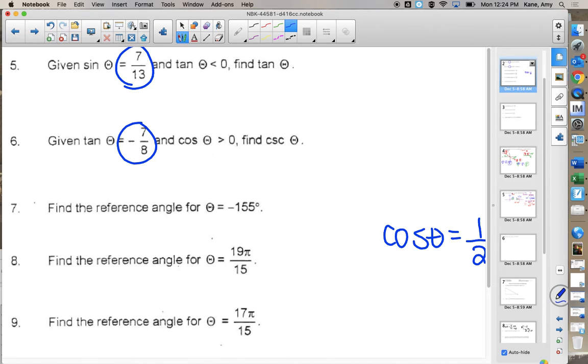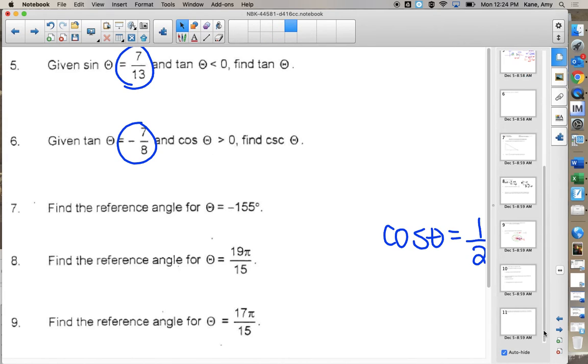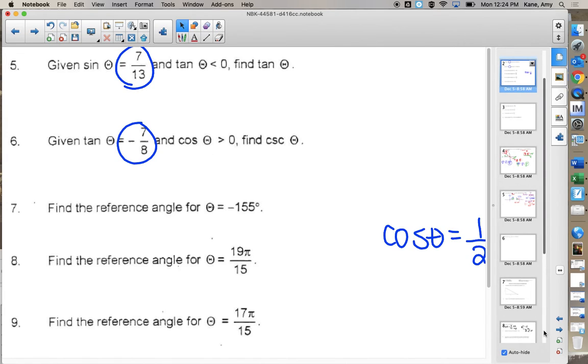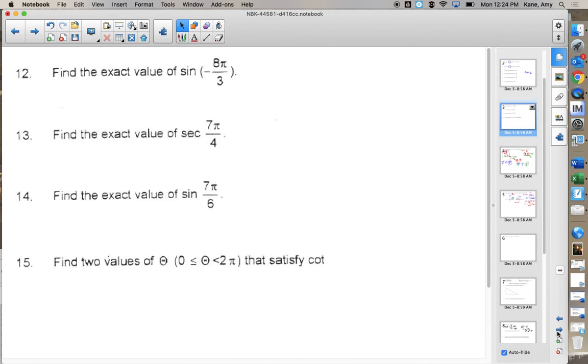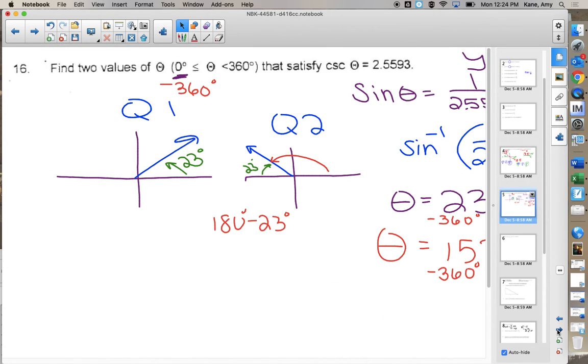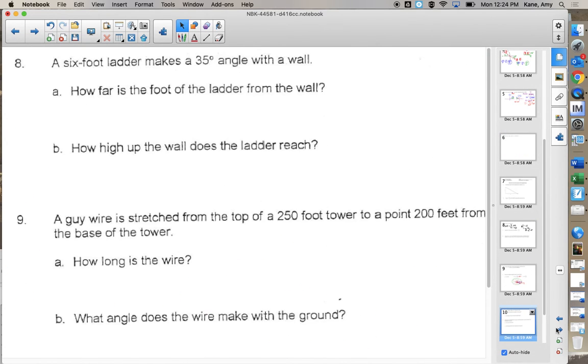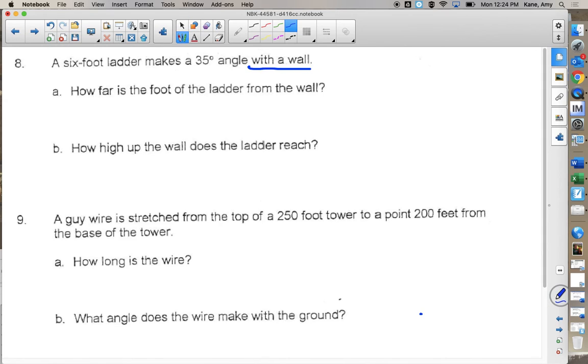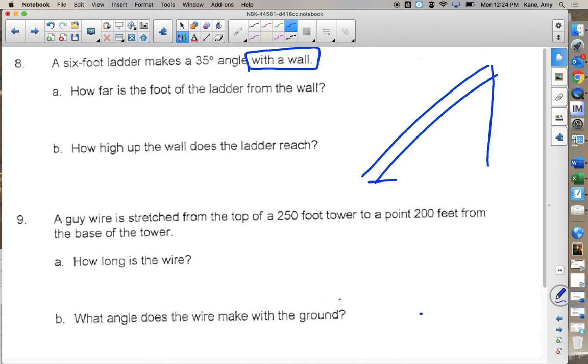Oh, goodness. So if it says angle of elevation, it's always the bottom angle where the person could be standing looking up at the object. So the angle of elevation is always from the point of view of whoever is observing the object. This one right here, you're making an angle with the wall, and the ladder has to be propped up against the wall.